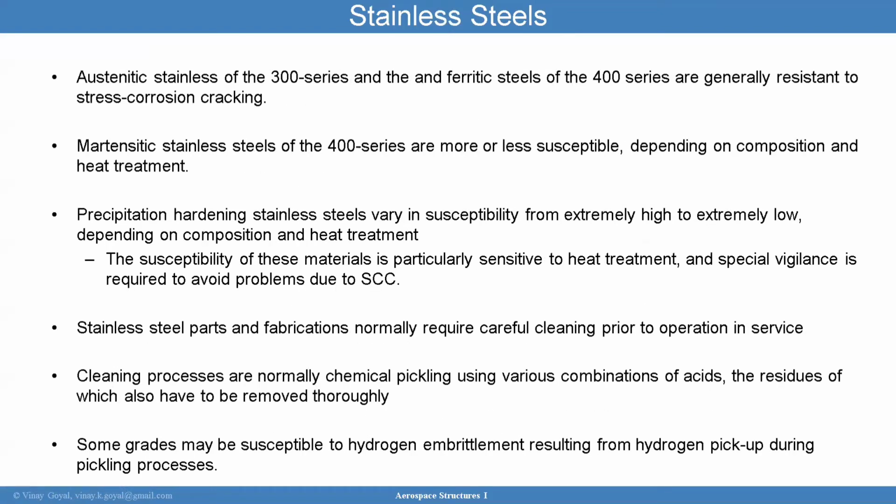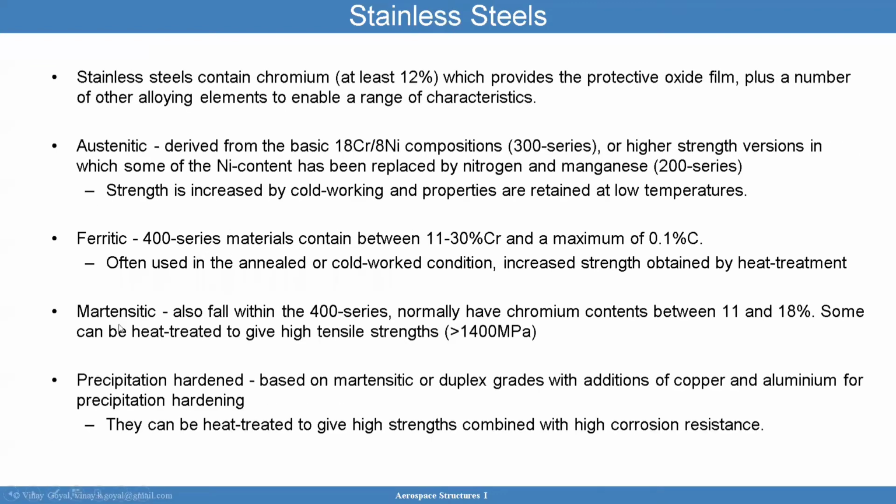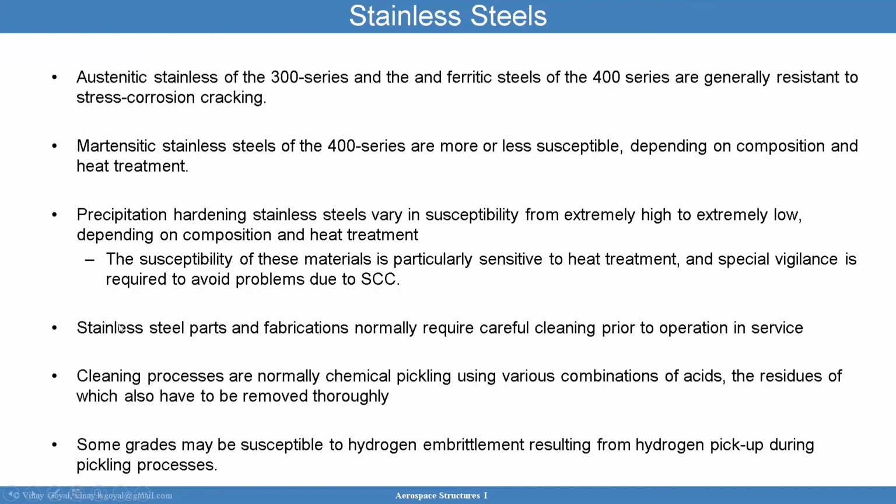And my point here is that I want you to look at this on your own. But bottom line, the different kinds of stainless steels will give you different behaviors in the environment. So for example, with the precipitation hardening, you want to pay attention to stress corrosion cracking.